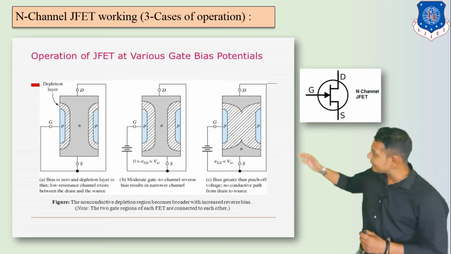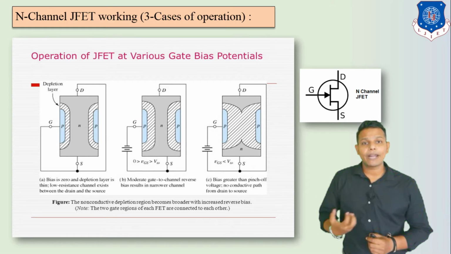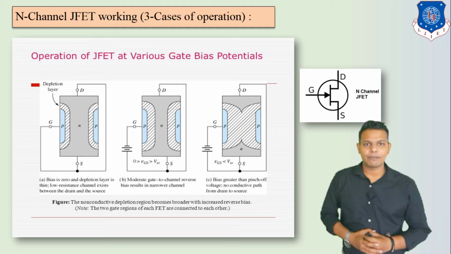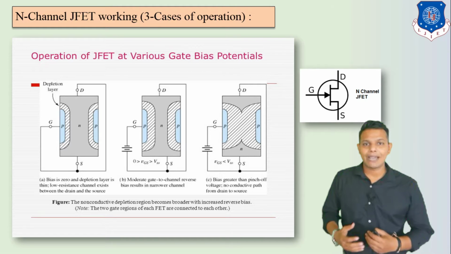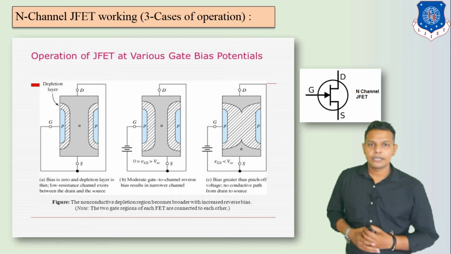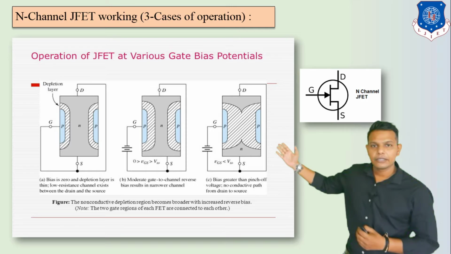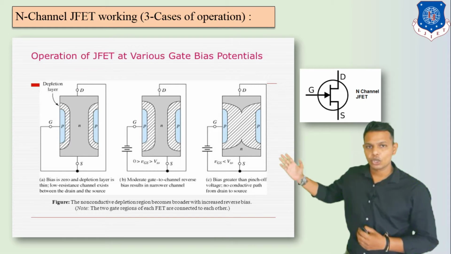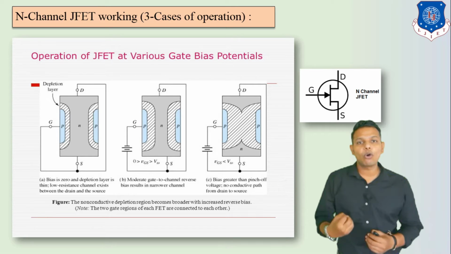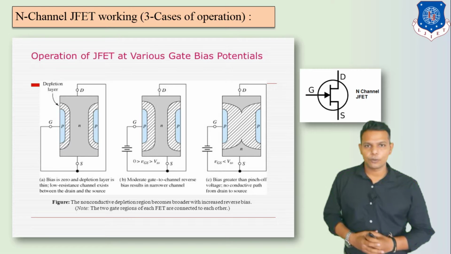Then in case number 3, if we apply more and more negative voltage, that means VGS equal to -4 and -5, then the depletion region touches together. Here we can see the width of the depletion region is maximum. So at this time your flow of drain current becomes 0. So ID is equal to 0.